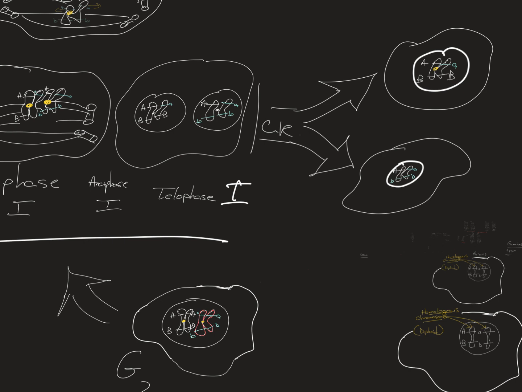Look at it. At telophase 1 of meiosis, after the first division, how many chromosomes do you have in each cell? Trick question. They're still connected.